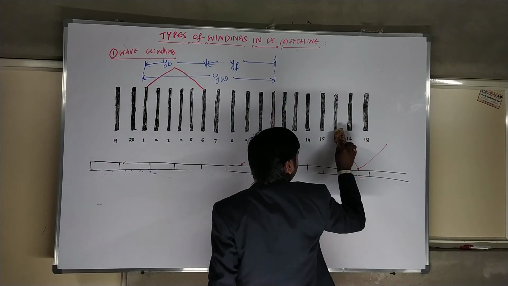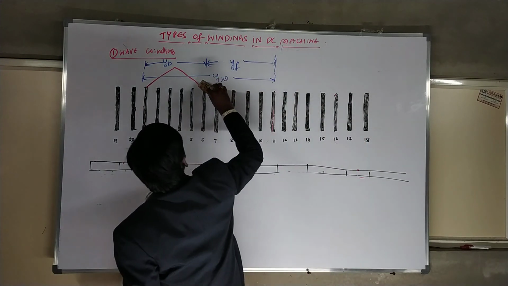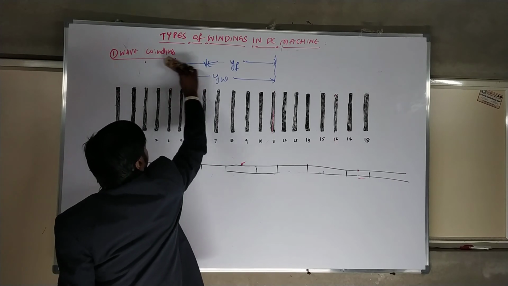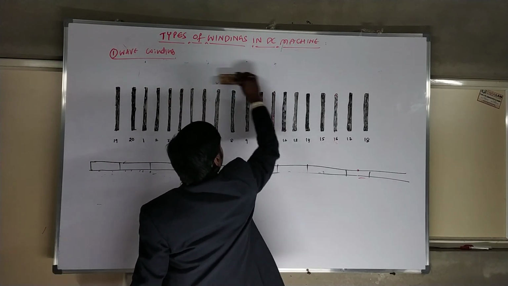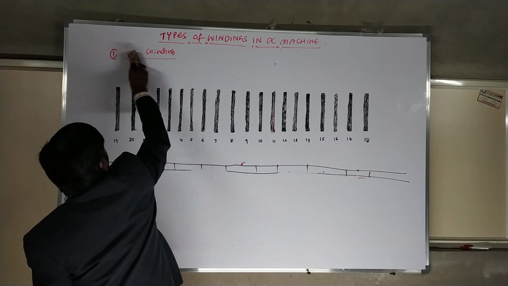We have to see it one by one, how the back pitch and front pitch take place. The wave winding is over. Next, we'll go for lap winding.